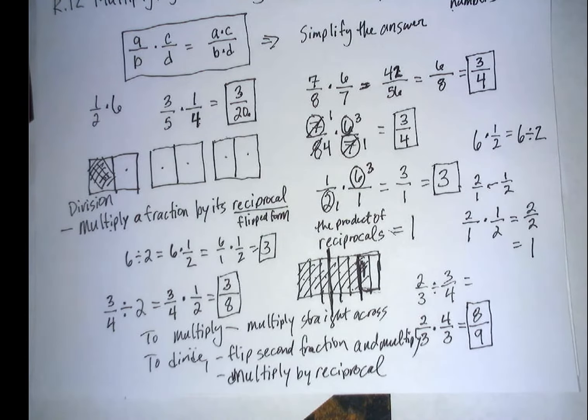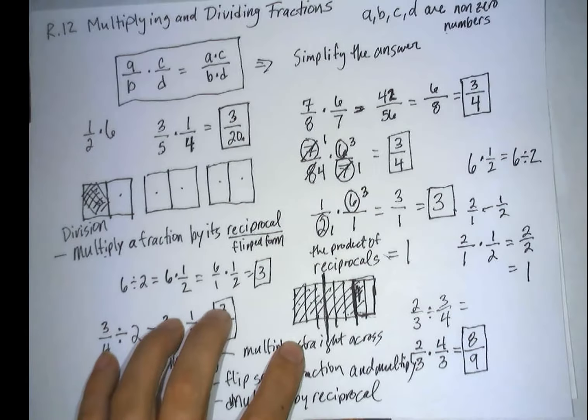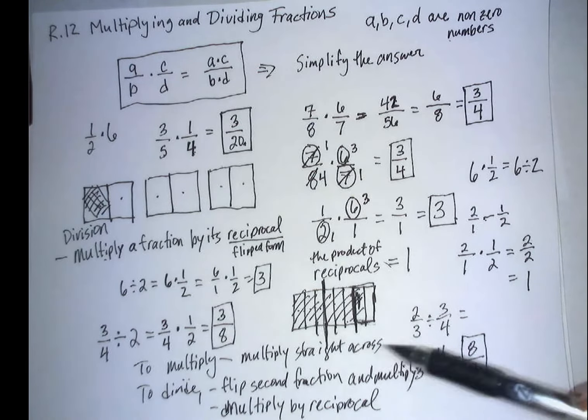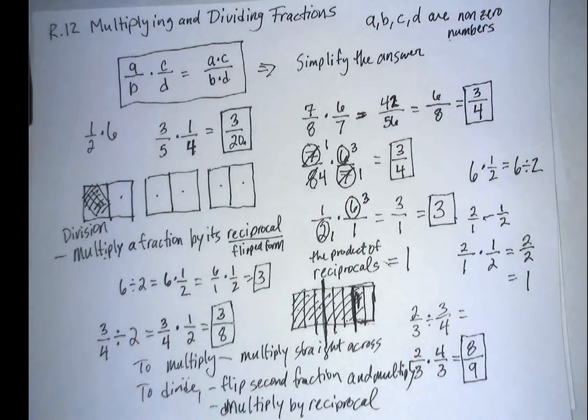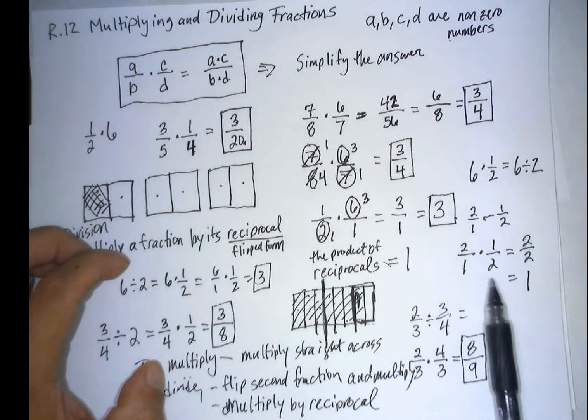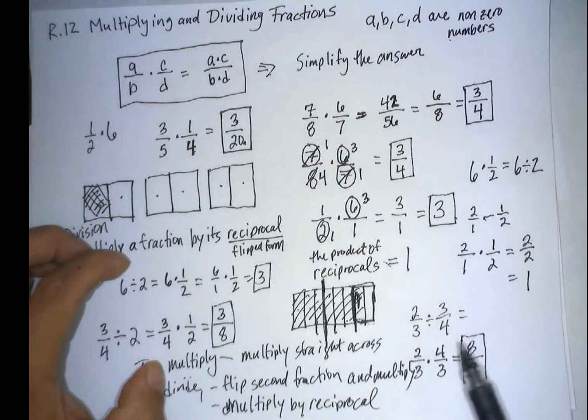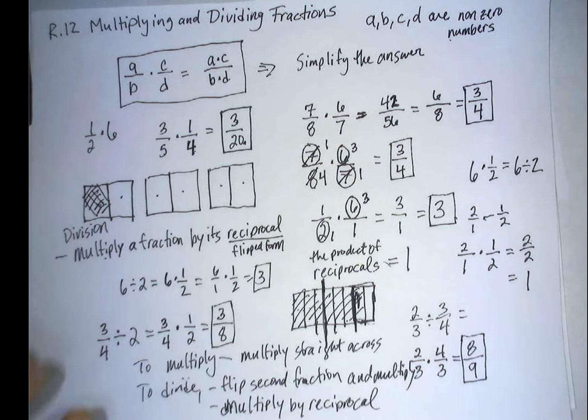And that is the lesson on multiplying and dividing fractions. Really quick and easy. Multiply straight across when you multiply. When you divide, you find the reciprocal of the second fraction, which is the fraction flipped upside down, and you multiply.